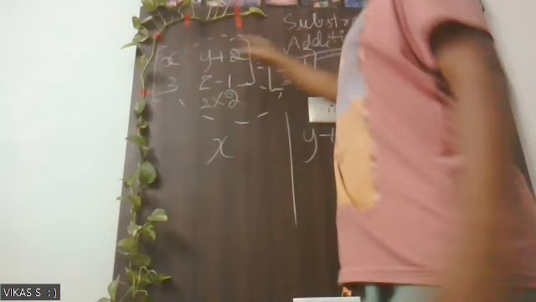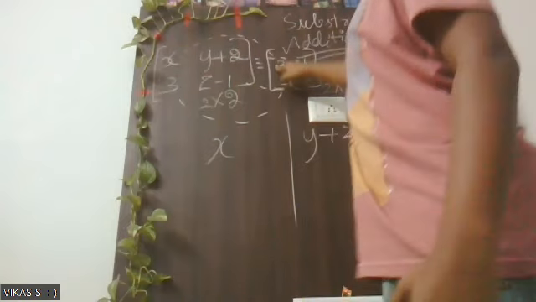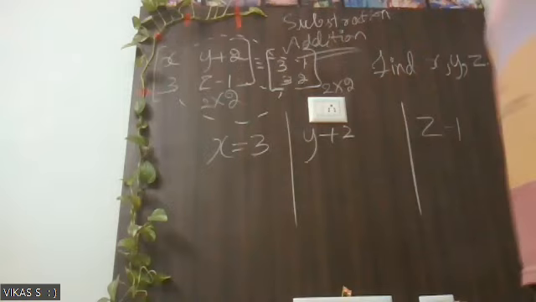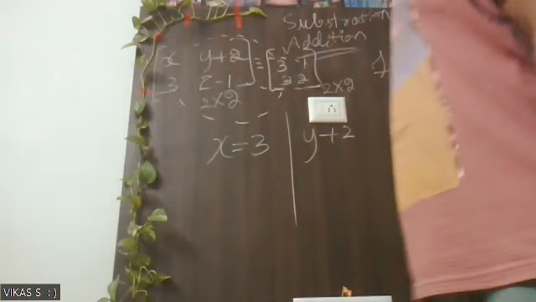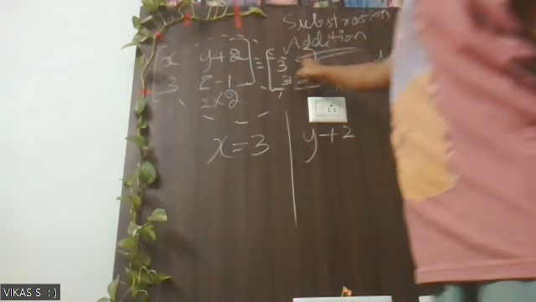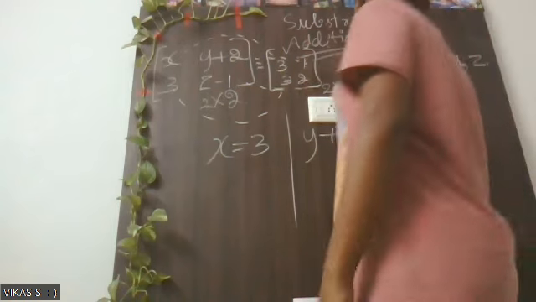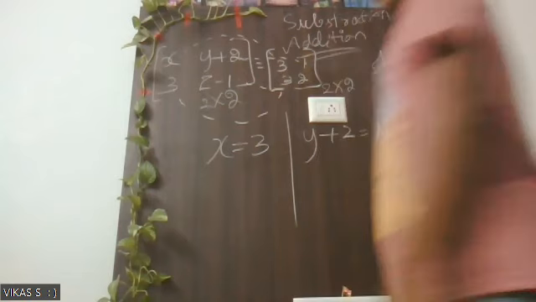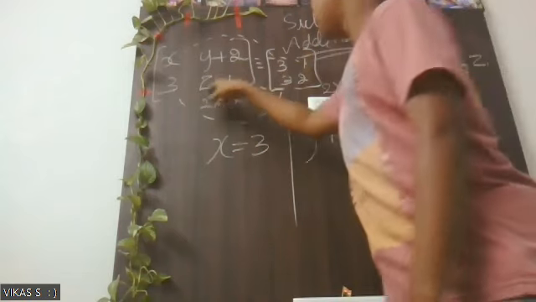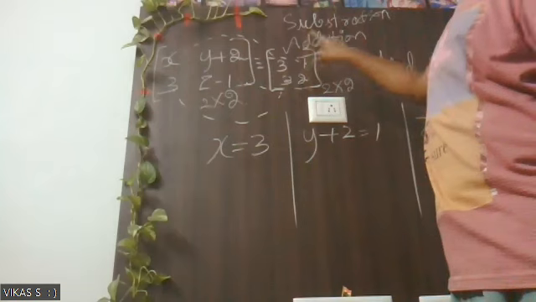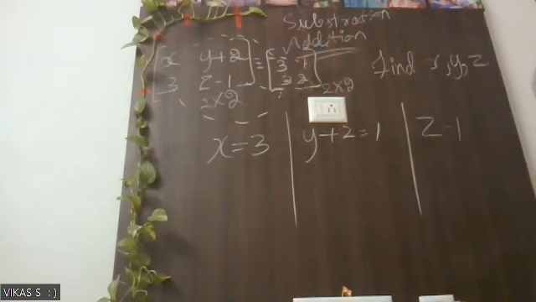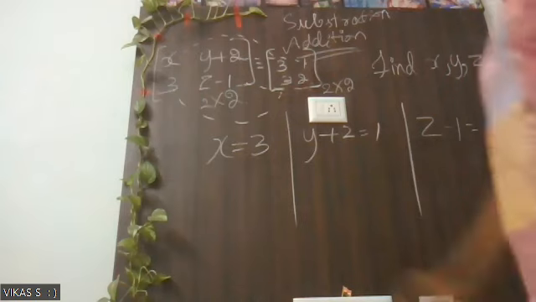So what is x? It goes like this, it stops at 3. So x equals 3. Then y plus 2, it goes like this and stops at 1. So y plus 2 equals 1. Then z minus 1, it goes like this and stops at 2. So z minus 1 equals 2.